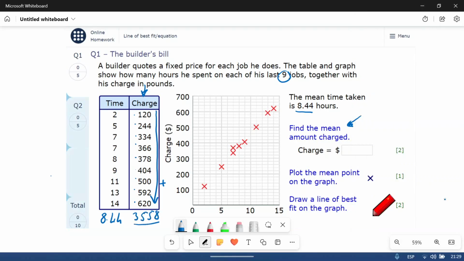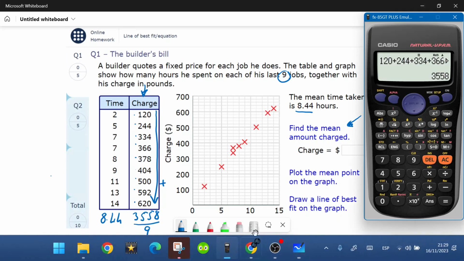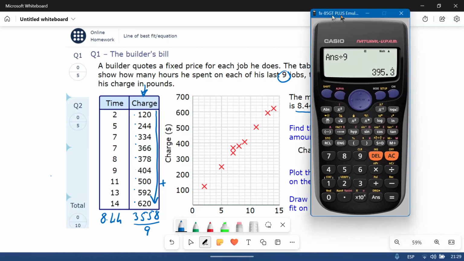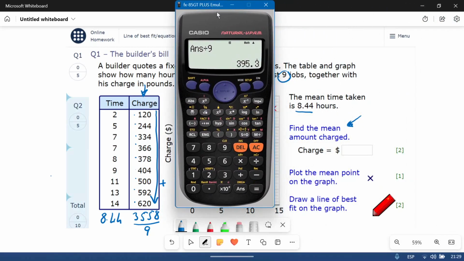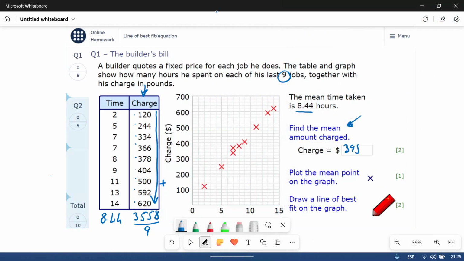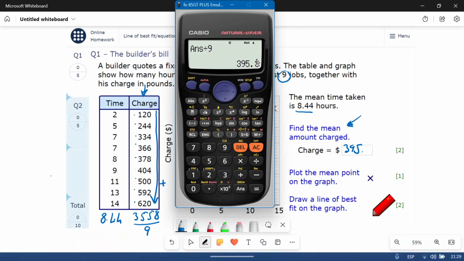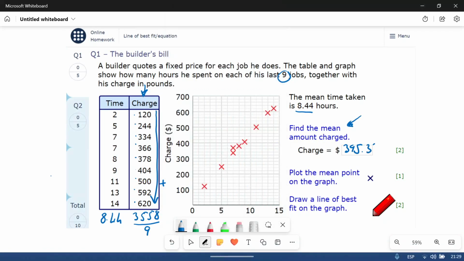To get the mean, we divide it by how many there are. That is 9, so we just divide that by 9. And we have the answer: 395. Just be careful here. Look at this, there's a dot there. Yes, it's 3 recurring. So to 2 decimal places, that would be 395.33.